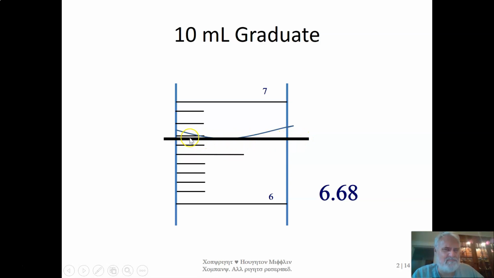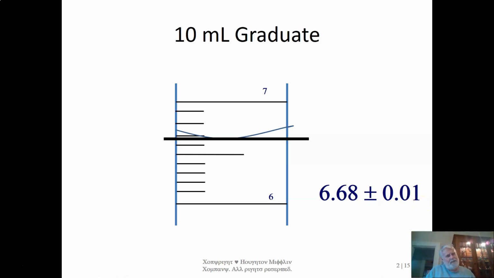Because 6.9 would be a little bit closer to the line, I think. This always has a little bit of uncertainty, although we're pretty sure it's pretty close to 6.68. So what we add to this is plus or minus 0.01.